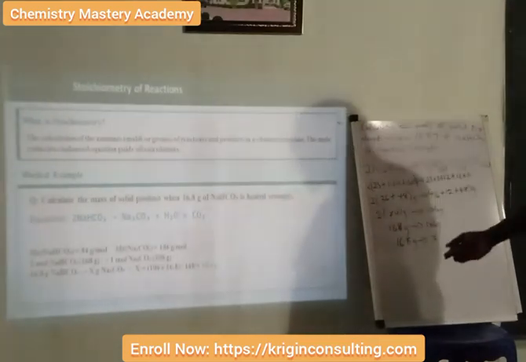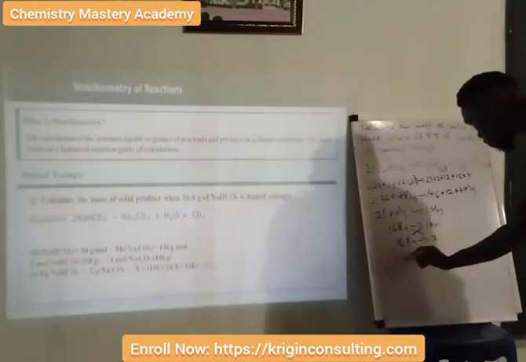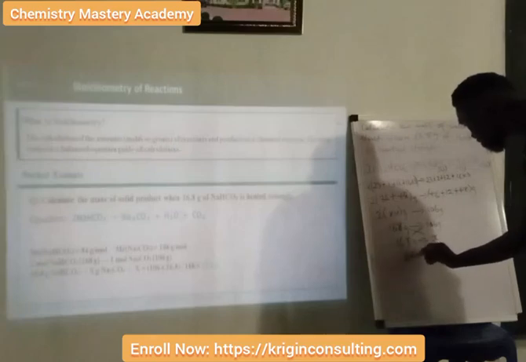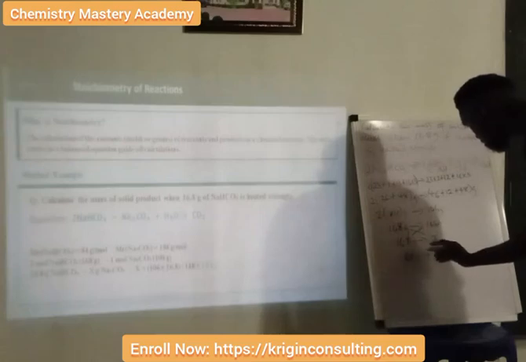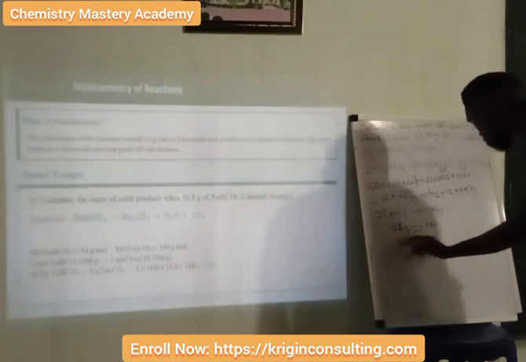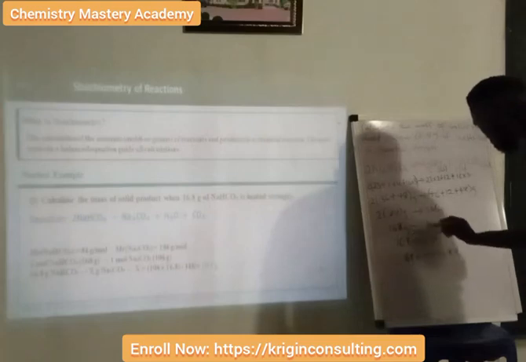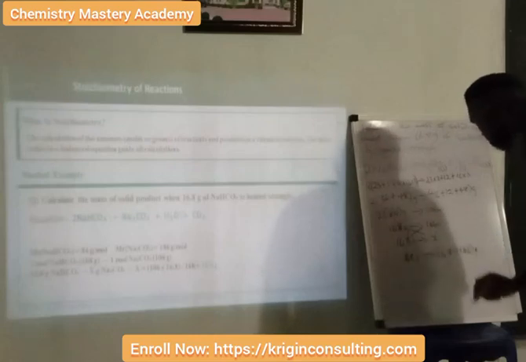Now, of course, our usual mathematics says we cross multiply. So we have 168 times X is 168X, equals 16.8 times 106 gram.